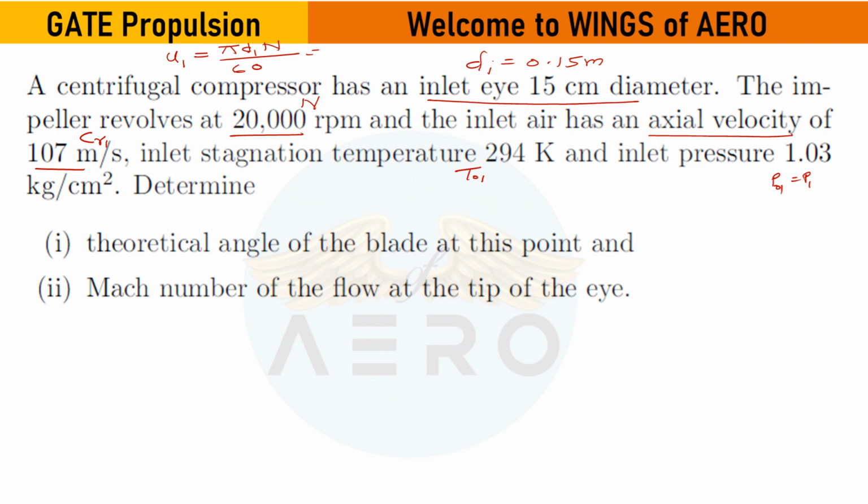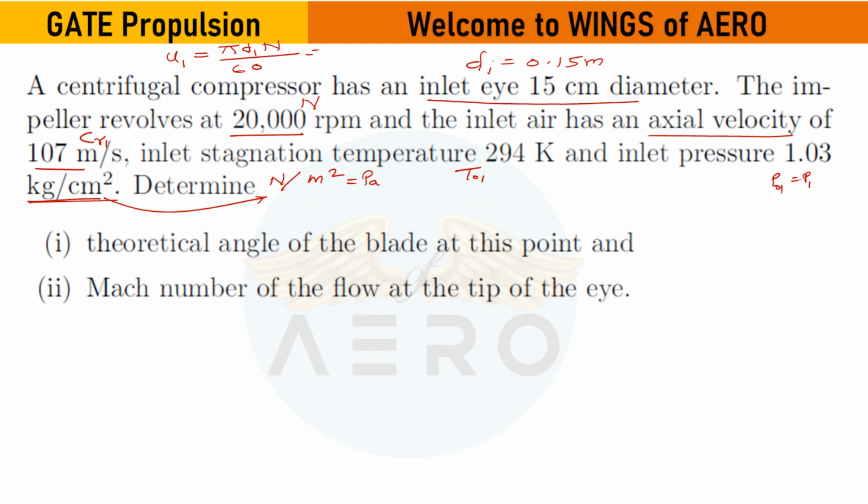And here very importantly, this is in kg per centimeter square. How can you convert this into Newton per meter square? You need to convert, which is equal to Pascal. Fine, this is very important.